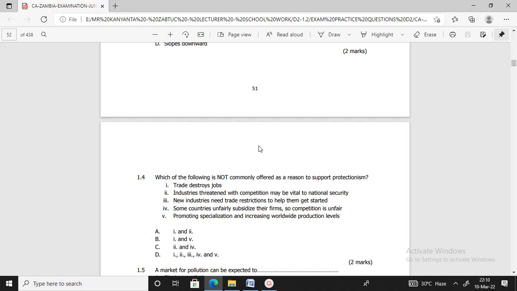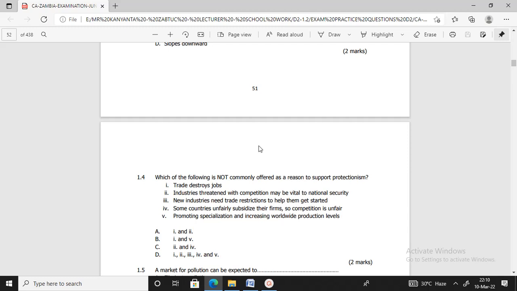Number 2, industries threatened with competition may be vital to national security. So those are strategic industries. With protectionism, we put barriers because we want to protect strategic industries or infant industries in a nation. So that's a reason. Number two is a reason.